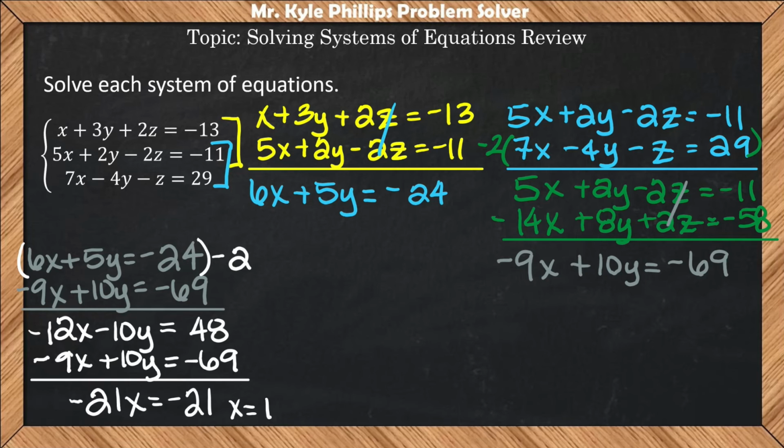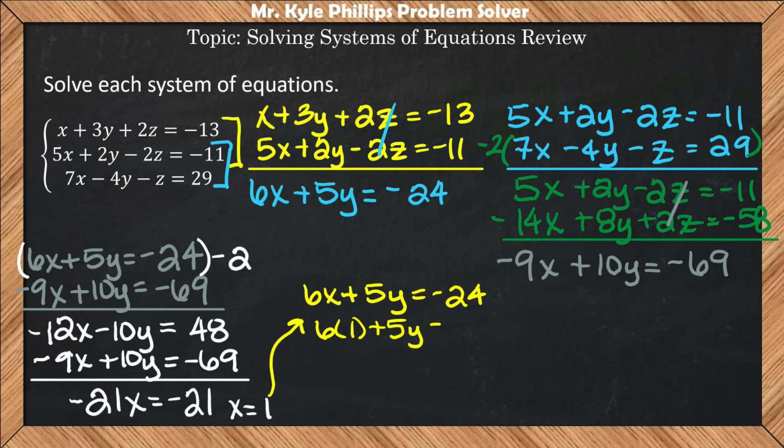So what we want to do is take this value here and substitute it into this equation. This way we can find the value for y. So we'll write this out. This will be 6x plus 5y equals negative 24. And we'll substitute in this x value here. So this will be 6 times 1 plus 5y equals negative 24.